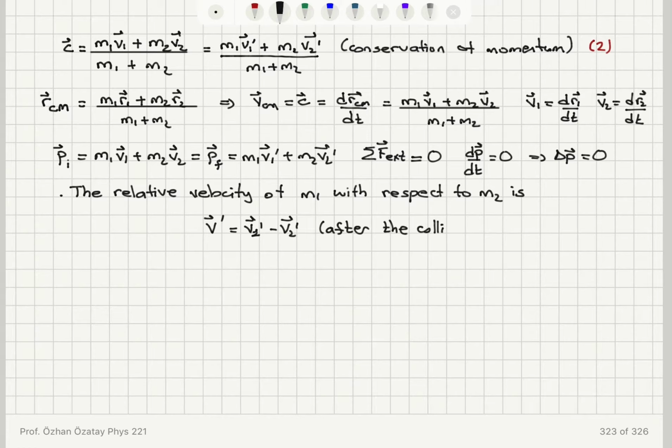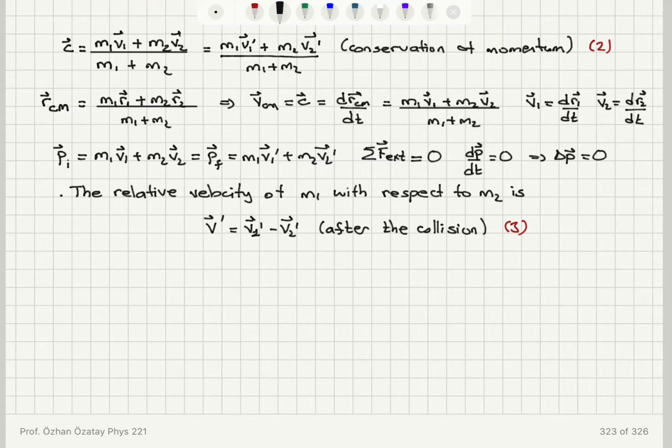So let's call this equation number 3. And we have talked about conservation of momentum.